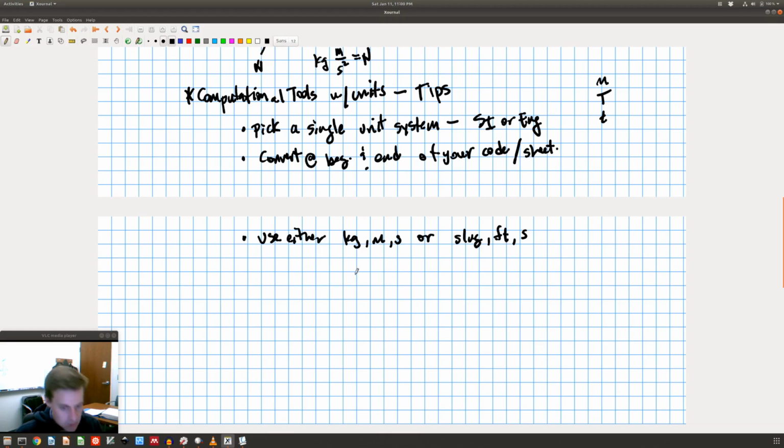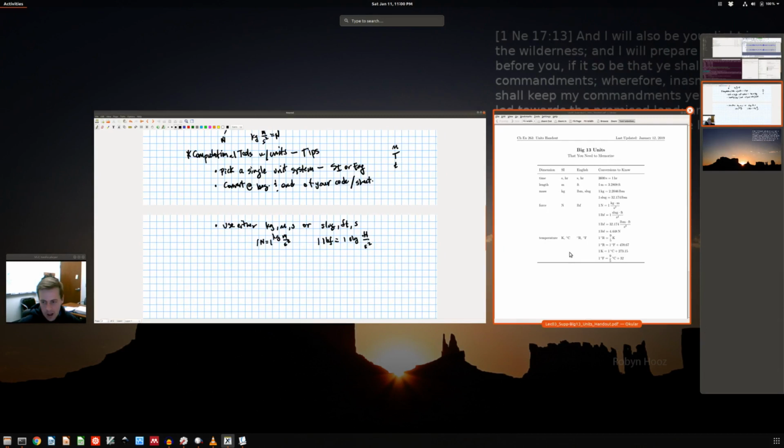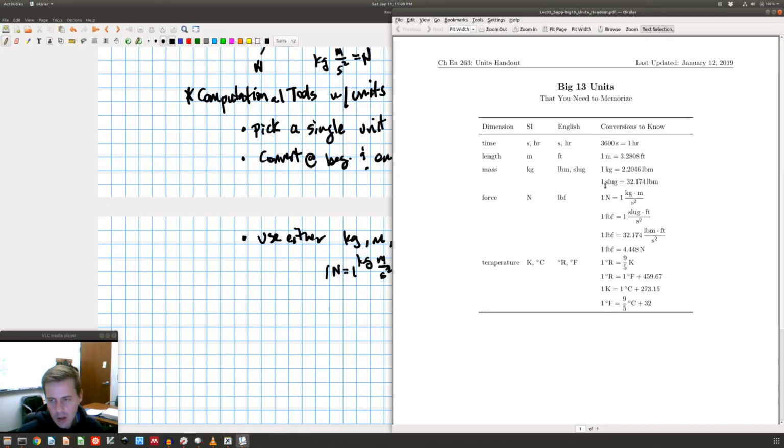The reason for this is that it's easy in this case to convert between force and kilograms meters per second squared, because 1 newton is equal to 1 kilogram meter per second squared, and the same thing here: a pound force is equal to 1 slug foot per second squared. We can see that if we come back and look at our unit conversions here.